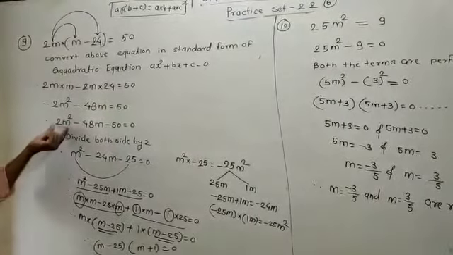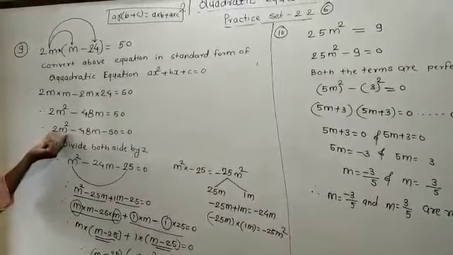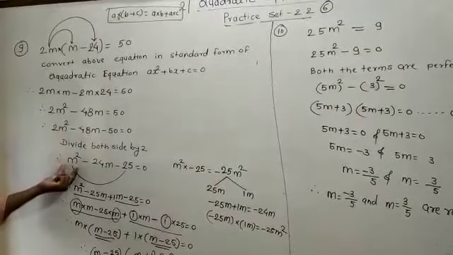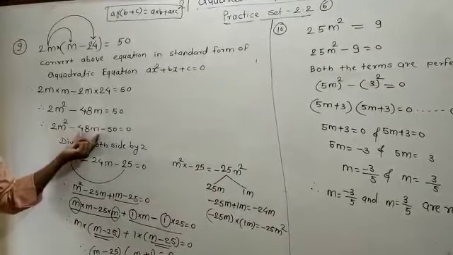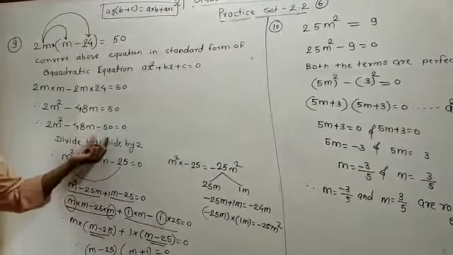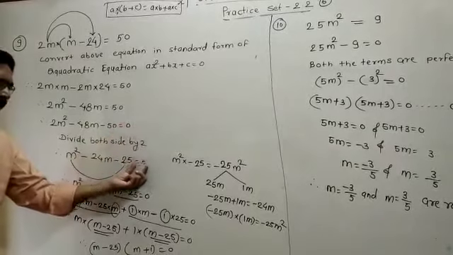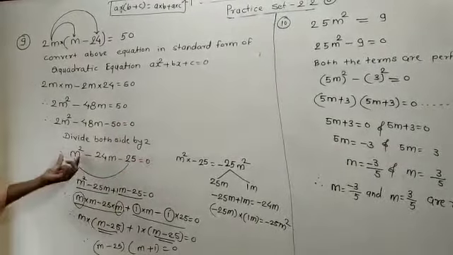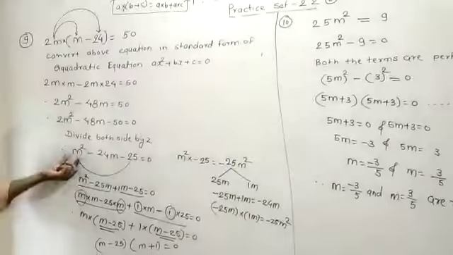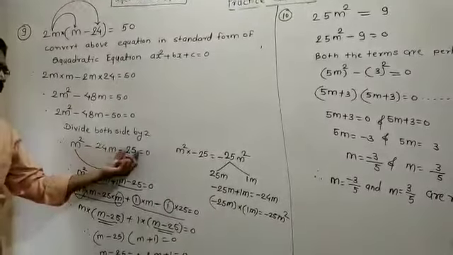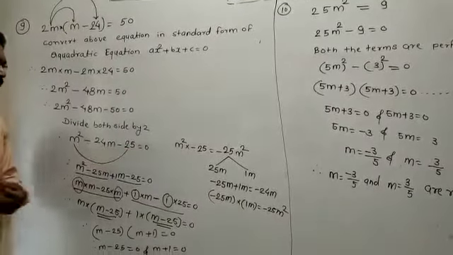After dividing both sides by 2, 2m square divided by 2 is equal to m square, 48m divided by 2 is equal to 24m, minus 50 divided by 2 is equal to minus 25, 0 divided by 2 is equal to 0. The equation in standard form is m square minus 24m minus 25 is equal to 0.